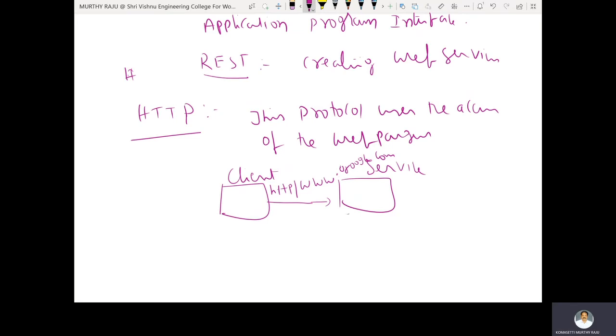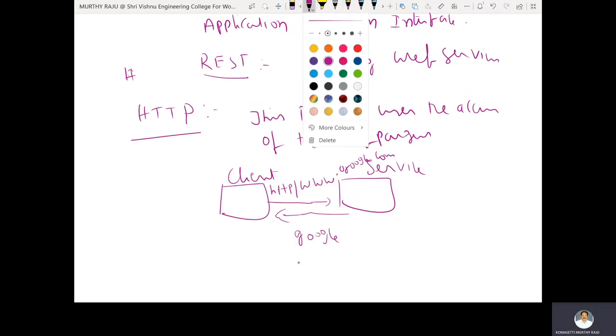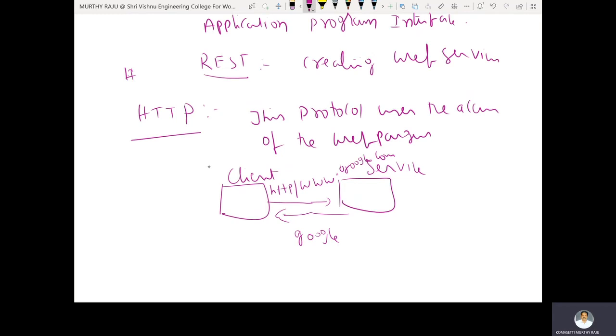The server immediately responds to the client and opens the Google browser. By using Google, I can search for the required documents. In this case, HTTP plays an important role.